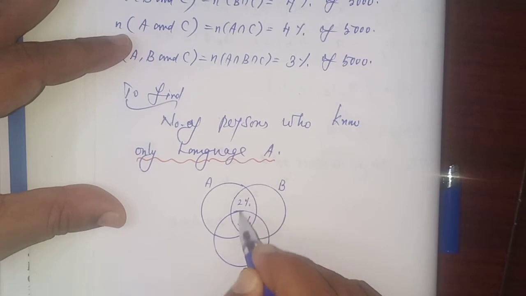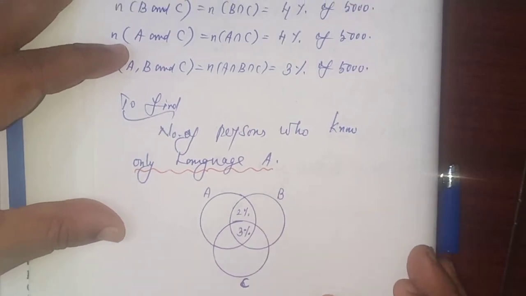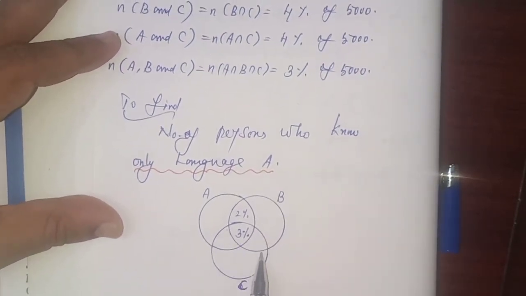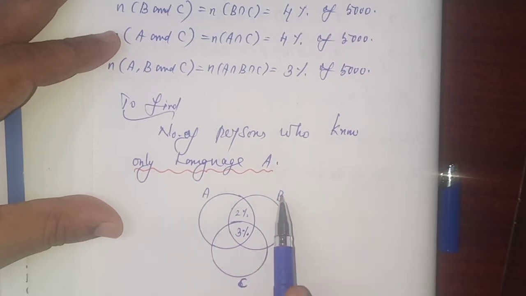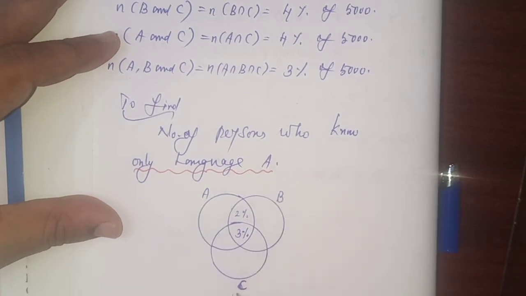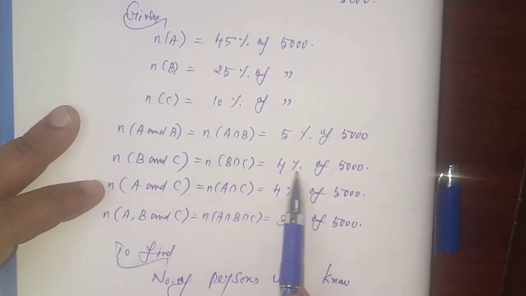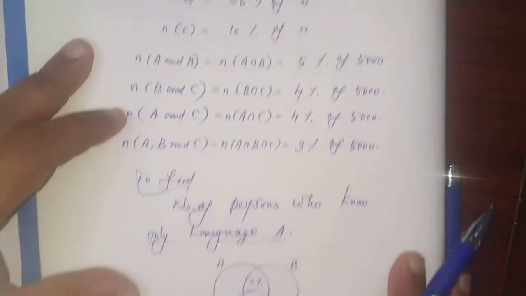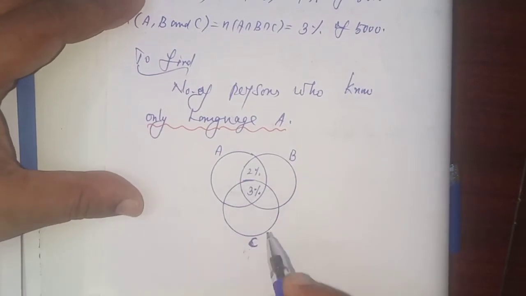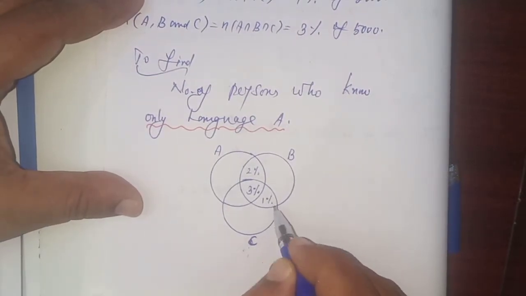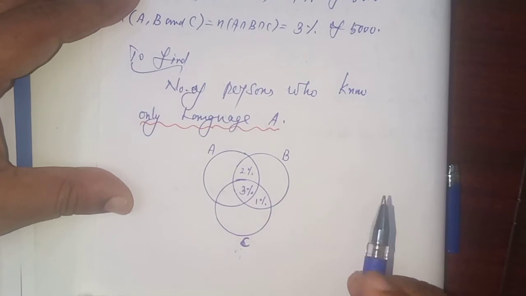Look at the 2% plus 3% equals 5%. Next one, this portion belongs to B and C, that is equal to 4%. Correct? Since we have 3%, what is the balance? 1%. 3% plus 1%, that is equal to 4%.